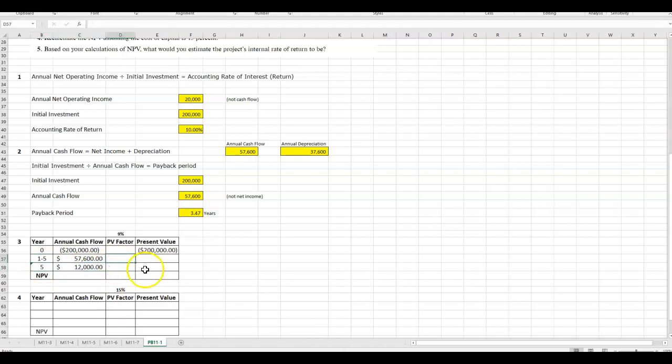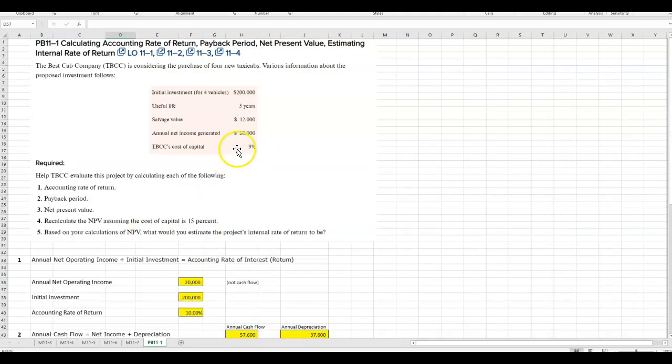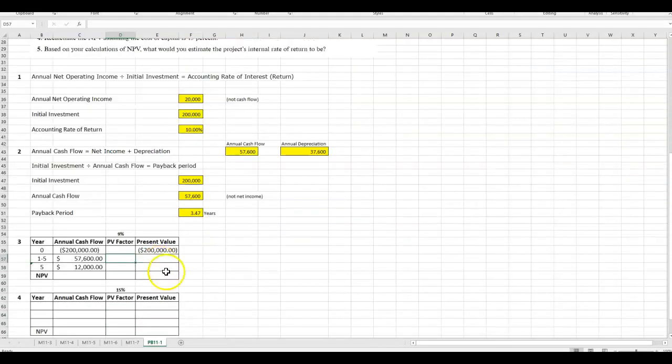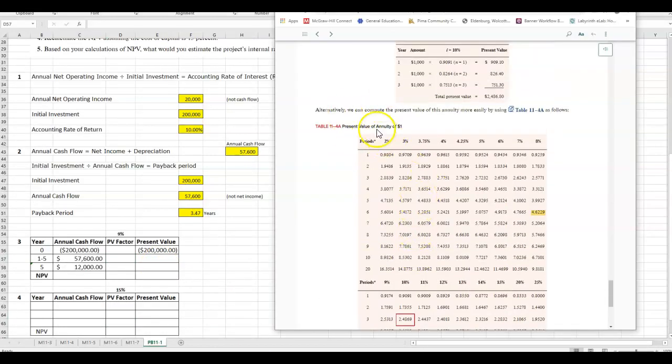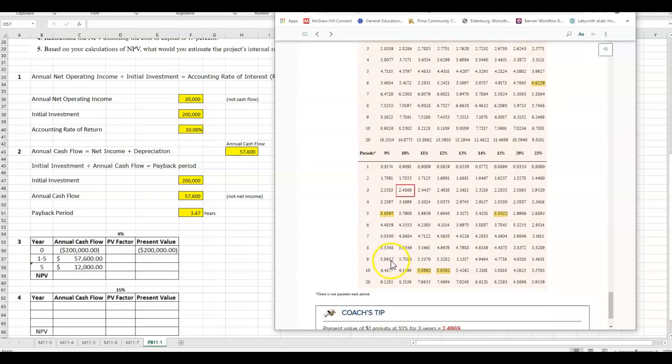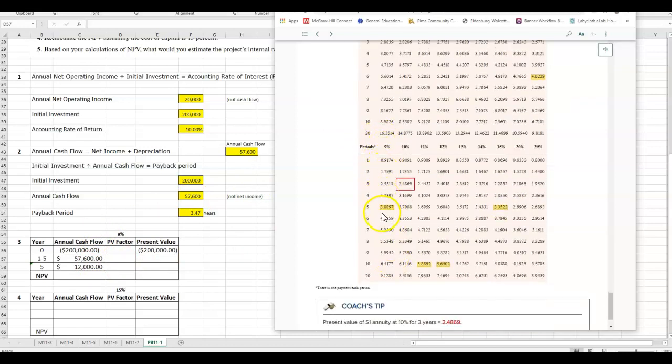So let's do the series first. We'll use 9%, because that's what they said our cost of capital was. We'll use the annuity table because it's a series of payments. We'll find 9% and follow it down to 5 years, and our factor is 3.8897.